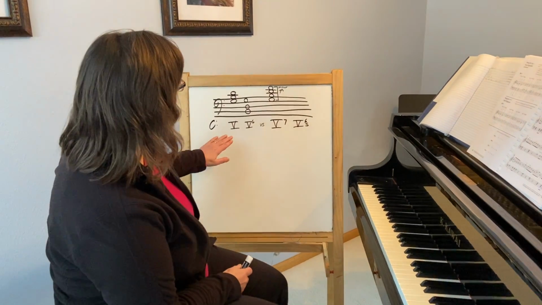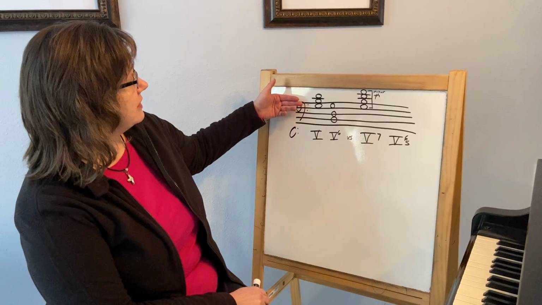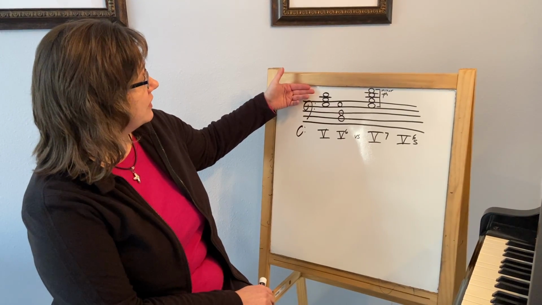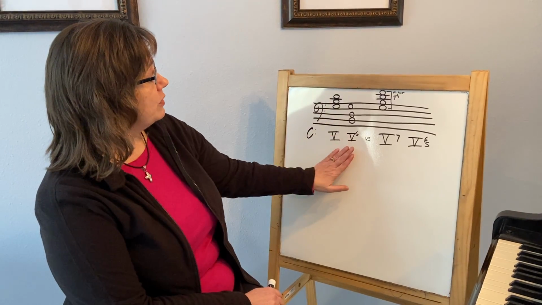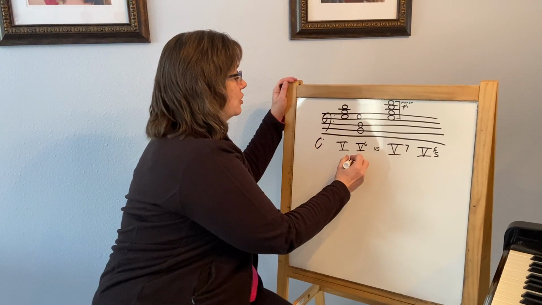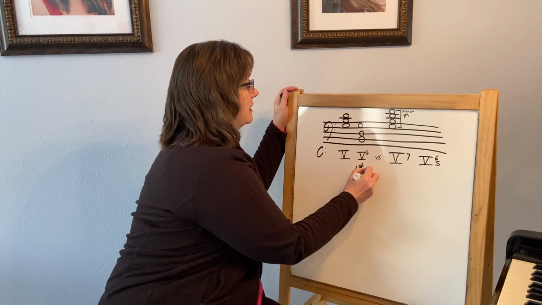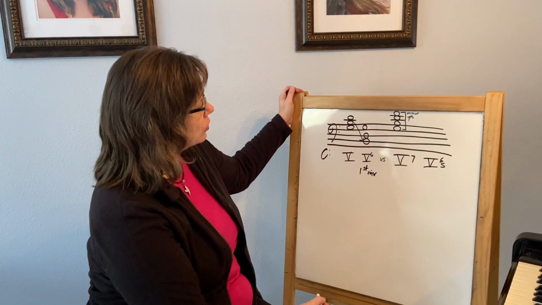So just to review, if I'm working in the key of C, my 5 chord, of course, having that root of G, major third, perfect fifth, the most common inversion that we're going to find it in would be a 5-6. Remember that 5-6 or first inversion is telling you that it is the third that's brought down and is the lowest sounding note.